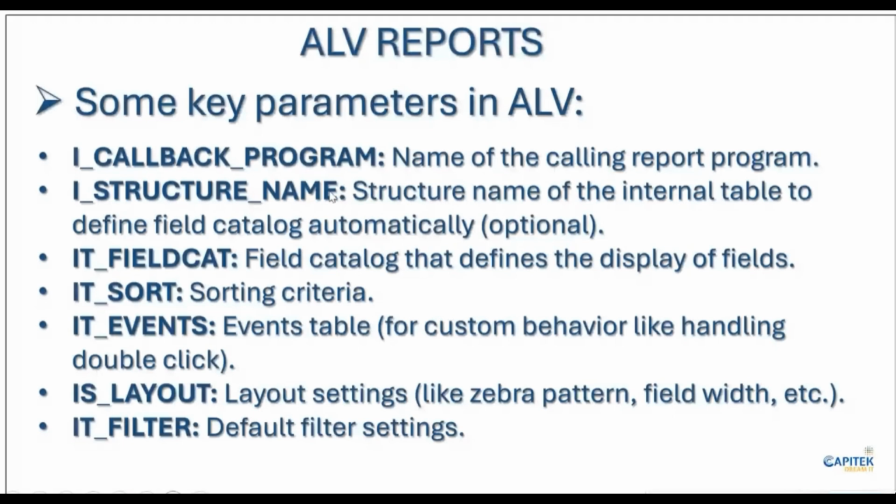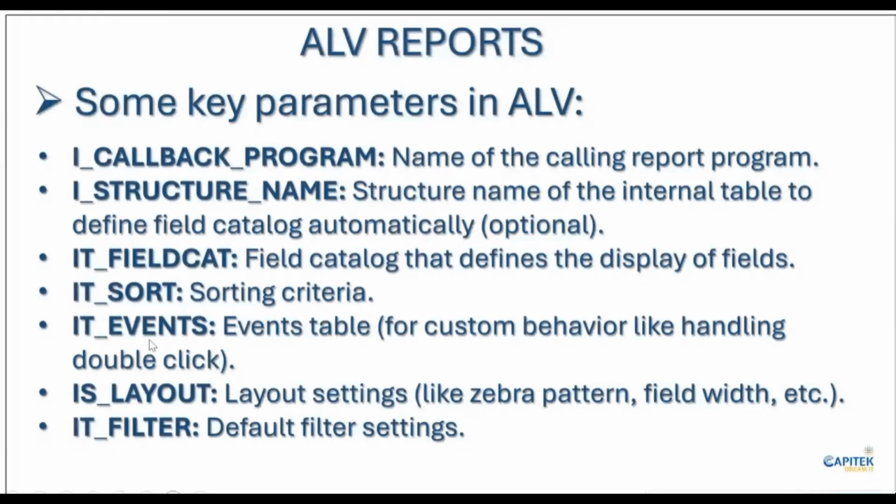Structure name means the structure where you will provide your details, which has the fields you want to display in the output. You will just provide the name of that structure. It means all your fields will be part of your structure. Field catalog, as I told you, is the information that you want to display in the output. We will populate that also. IT sort is the sorting criteria, whether you want to sort the fields and which fields you have to sort. You will provide that also.